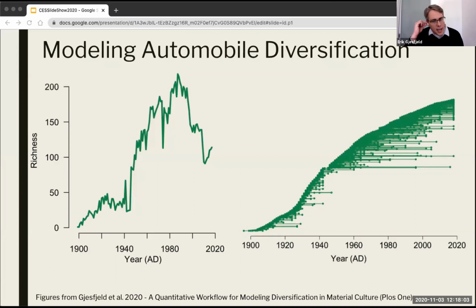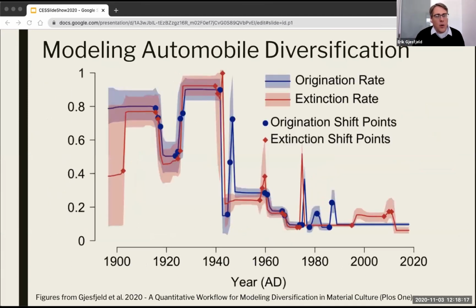So if we look at this dynamic, we can probably make a number of inferences about what the richness looks like in this particular case and what information it provides to us. But if we drill down into this and really dissect diversity into its constituent parts of origination and extinction rates, we see a much more dynamic process.